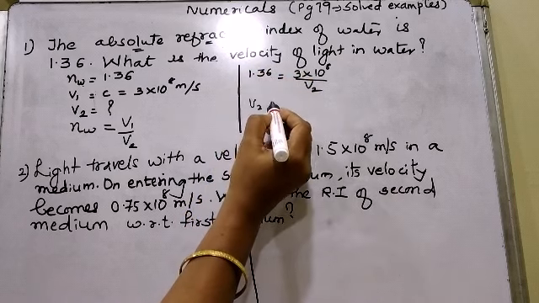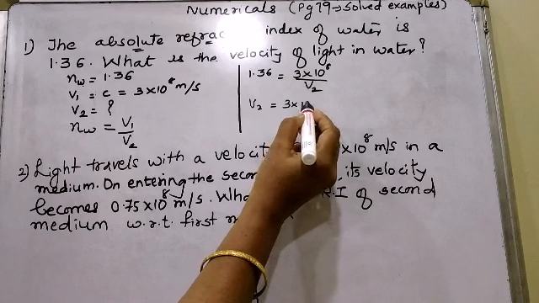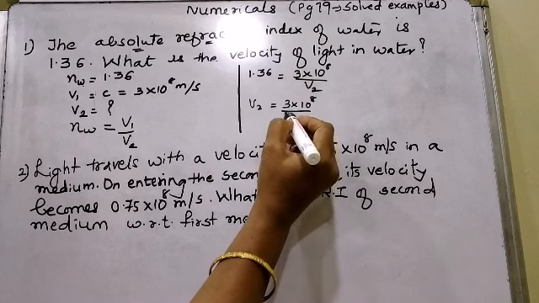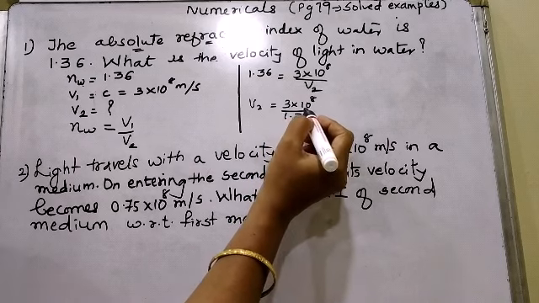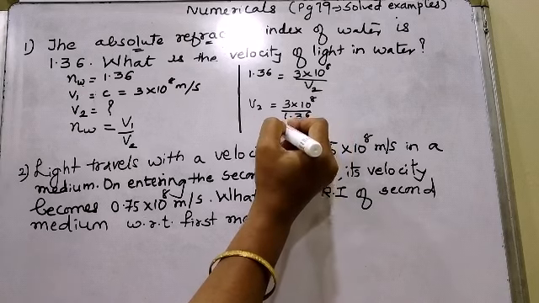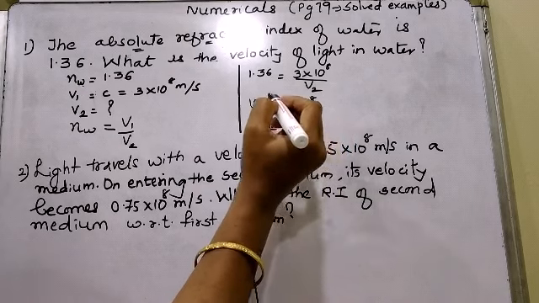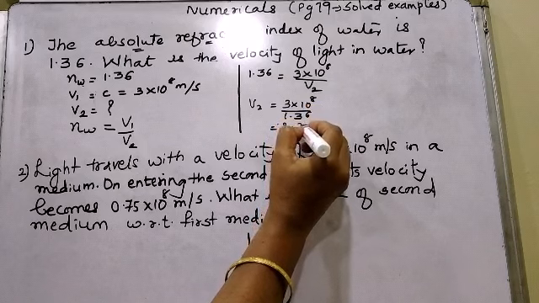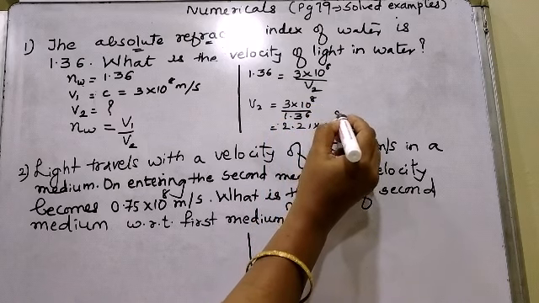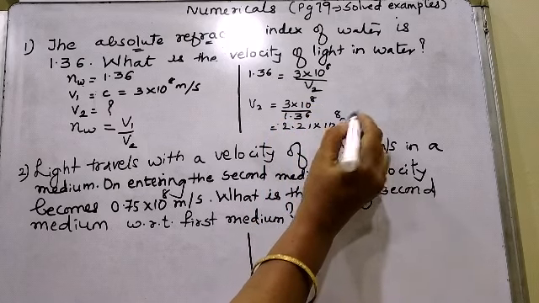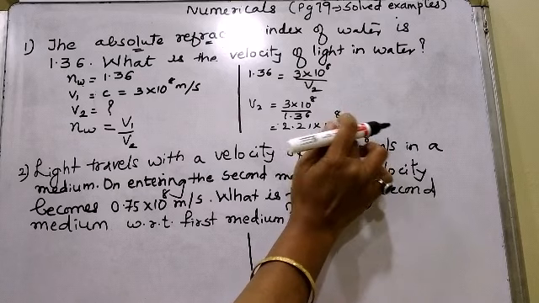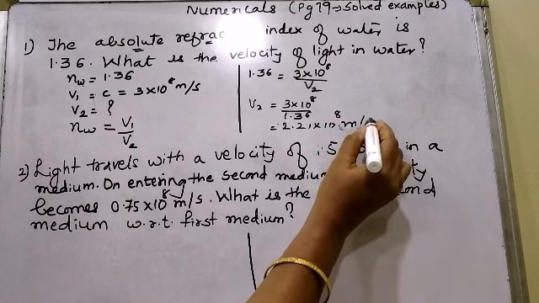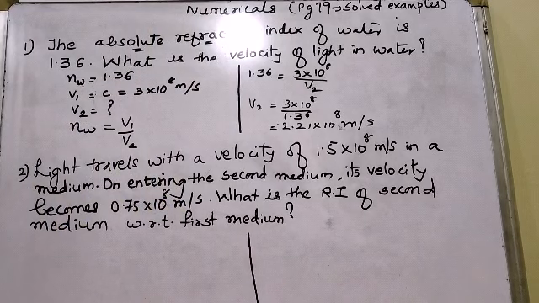So V2 will be equal to 3 into 10 raised to 8 divided by 1.36. And this comes to 2.21 into 10 raised to 8 meters per second. So the velocity of light in water is 2.21 into 10 raised to 8 meters per second.